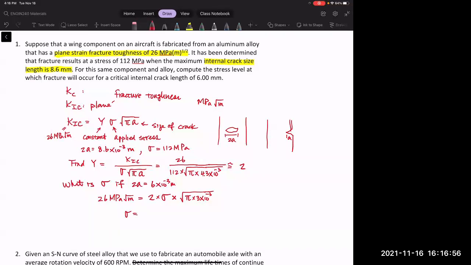So your sigma is going to be 26 megapascal divided by 2 and divide by square root of pi times 3 times 10 to the negative 3. And that is your result. So let's do a quick calculation.